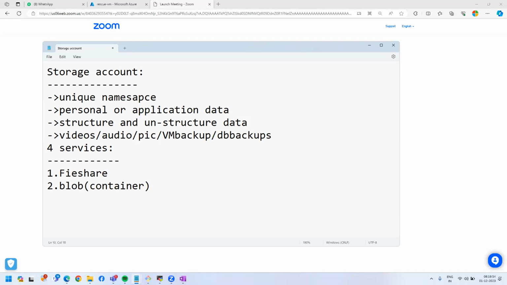Now Microsoft has changed the name to containers. Third, table storage. Fourth one, queue storage. So: file share, blob, table, queue storage.